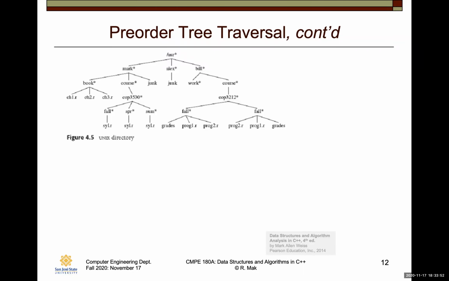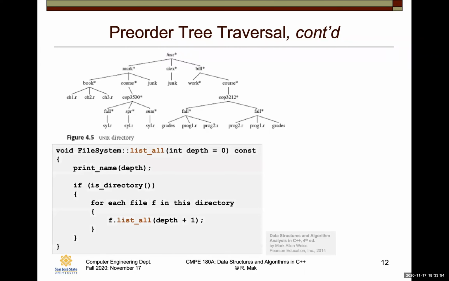Now what we want to do is print out all the names of all the nodes, but we're going to do it in pre-order. So that means we visit each node first. So here is listAll, and I'm going to print the name of the node that I'm visiting, and then if it's a directory node, I'm going to call listAll recursively on the children.